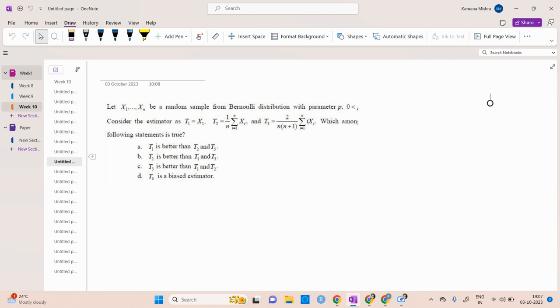First property we always go through is unbiasedness. So let's say T1 is unbiased and T2 is biased and T3 is unbiased.